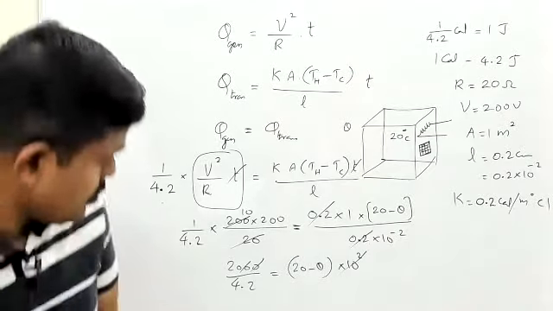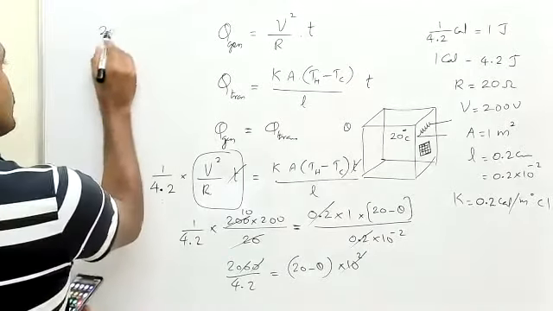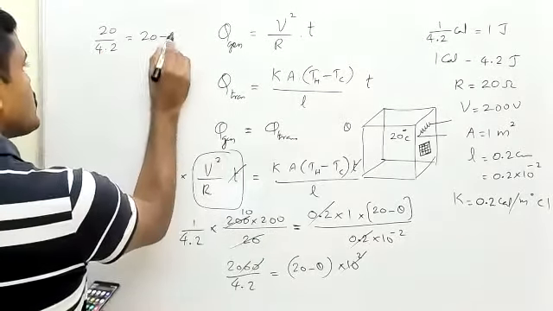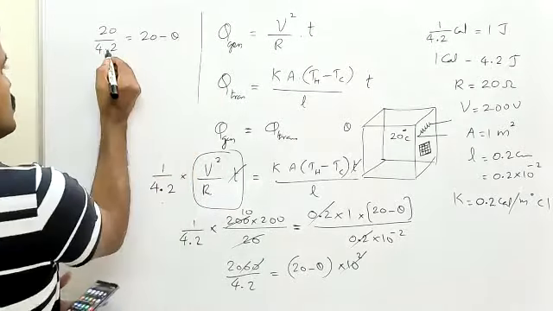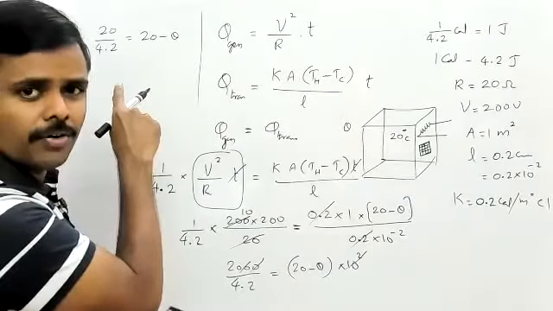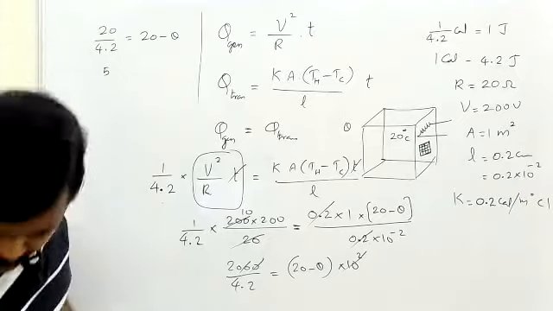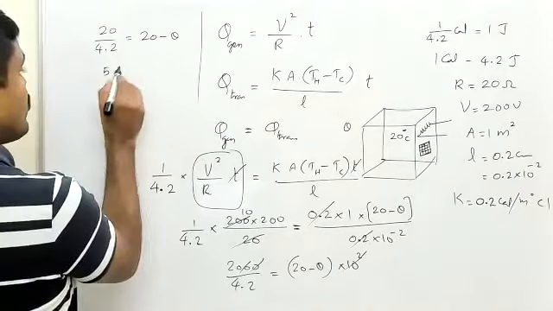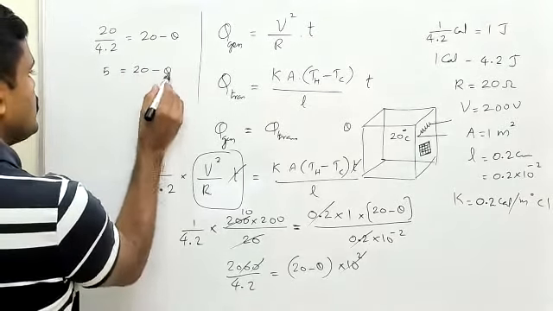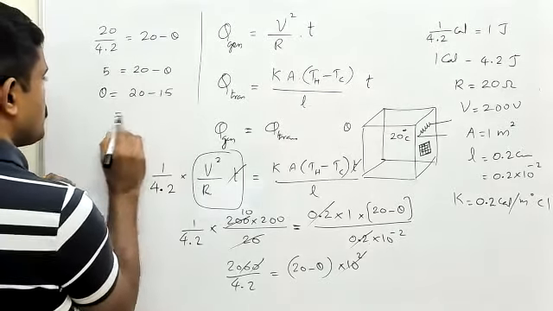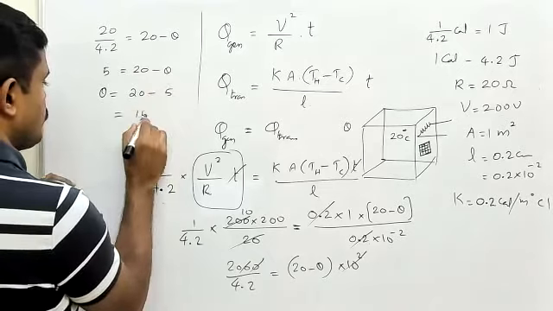If you take 4, 20 by 4 is 5, I won't need a calculator. 5 is equal to 20 minus theta. Theta is 20 minus 5, that is equal to 15.